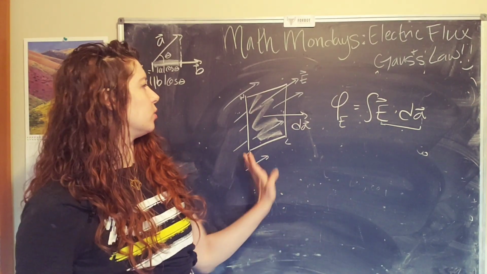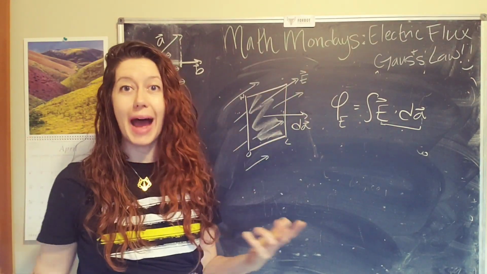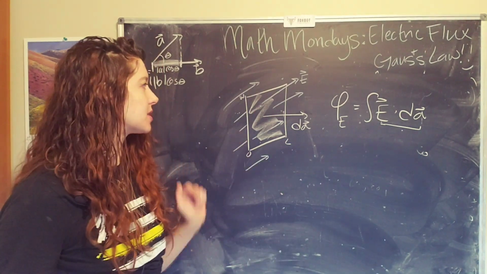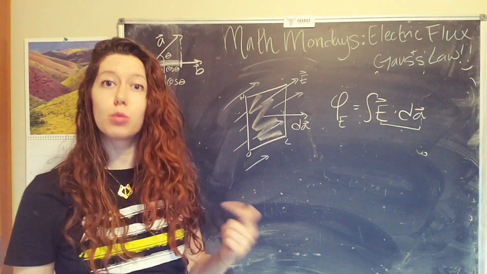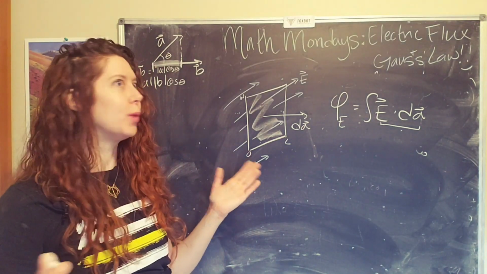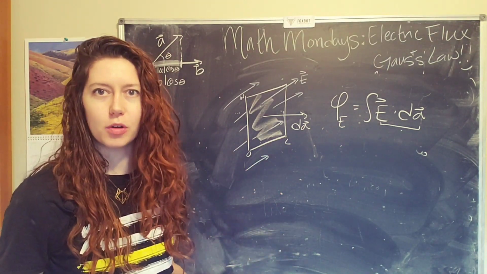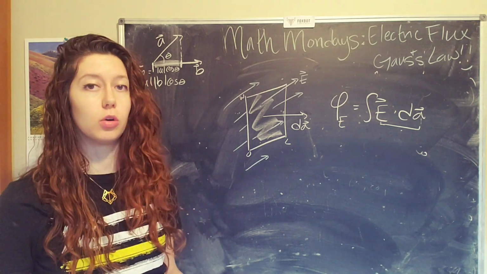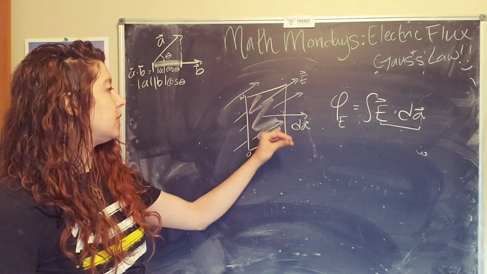But basically you would do it along the whole surface, and then you would add up the contributions from all of the field lines that are passing through that surface. And remember, even though we can't draw an infinite number of field lines, the density of the field lines is proportional to the strength of the field.